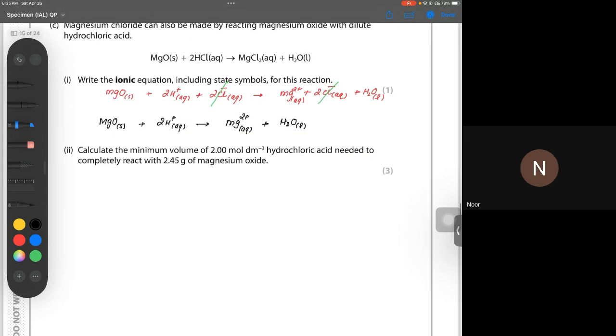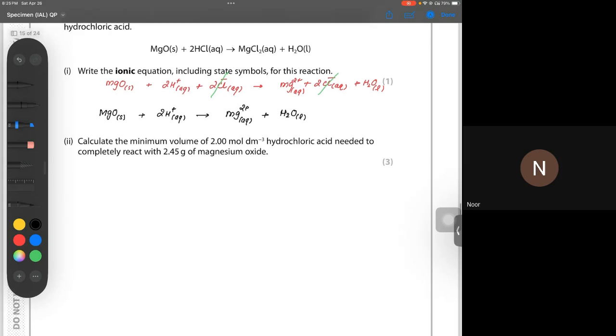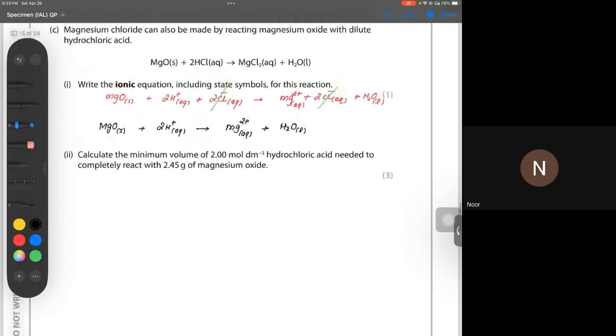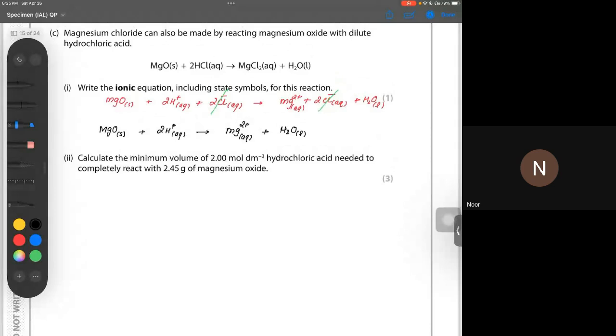Calculate the minimum volume of 2 mole per decimeter cube hydrochloric acid needed to completely react with 2.545 grams of magnesium oxide. So they are asking the volume of 2 mole per decimeter cube. You need to first find out the moles of magnesium oxide because they have given you the mass.